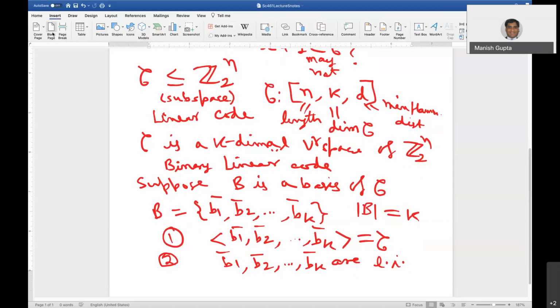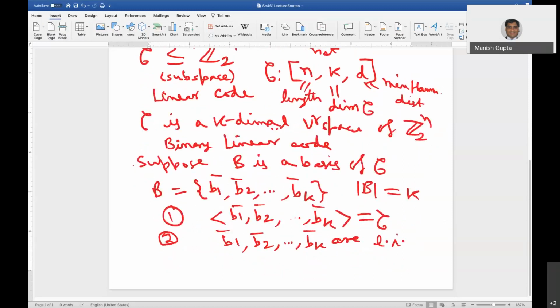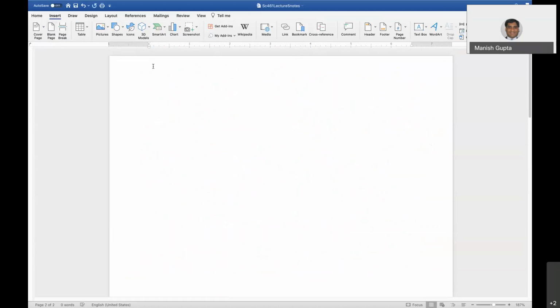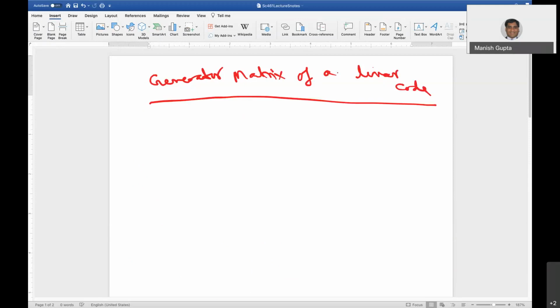The generator matrix of a linear code. Okay. How do we describe the generator matrix of a linear code?